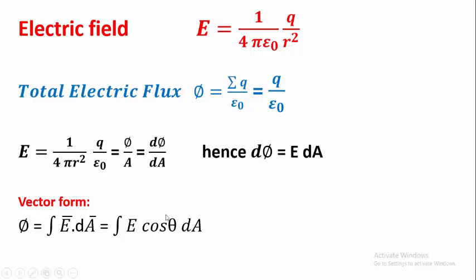So it becomes E dA cos theta, or you can write E cos theta dA. So this is a modification of Gauss law. So phi can be represented in terms of electric field and area element. Let us move forward.